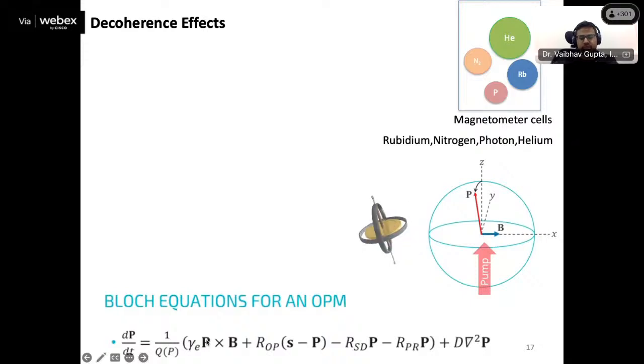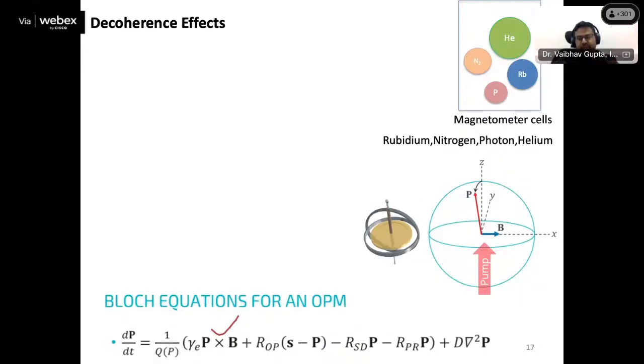Rather than mu, you use P because P is not for a single atom but for the complete ensemble. You have the polarization P, which is, in a way, a magnetic moment. And this is this term, right? This depends on the pumping.